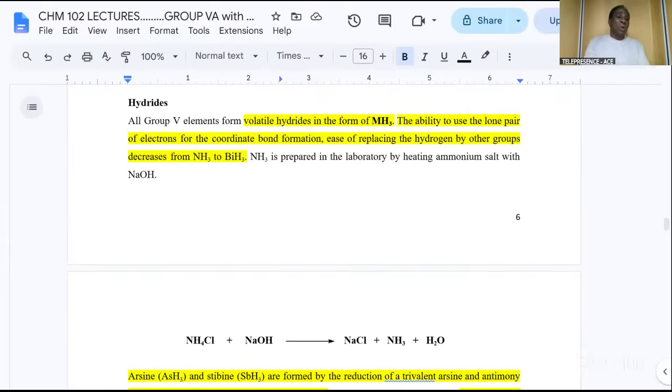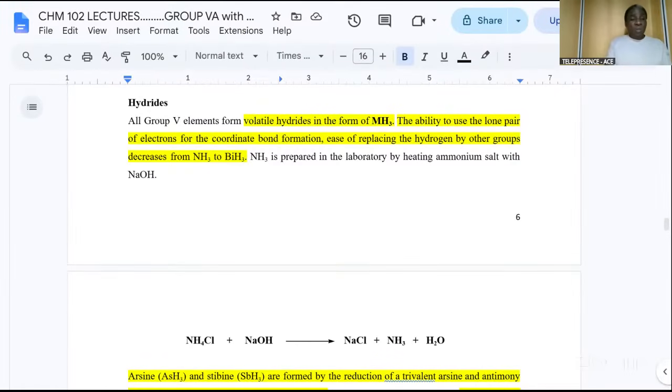Let's now quickly look at the compounds. Hydrides. These are compounds with hydrogen. Group 5 elements will form volatile hydrides in the form of what? MH3. Why? Because it is believed that elements in the plus 3 state are much more easily formed, because the energy required to form compounds in the plus 5 oxidation state is very high.